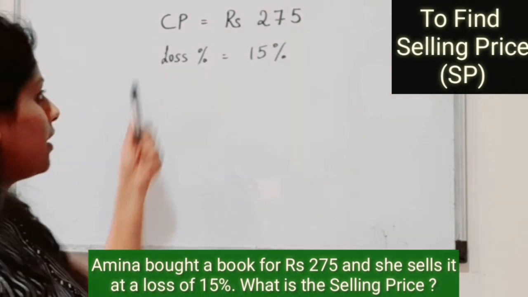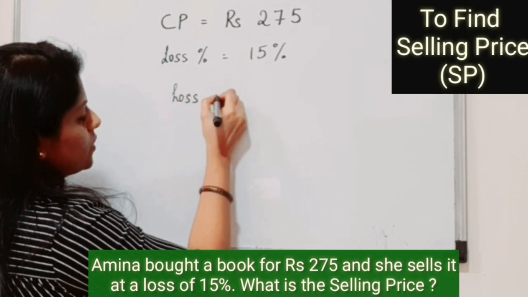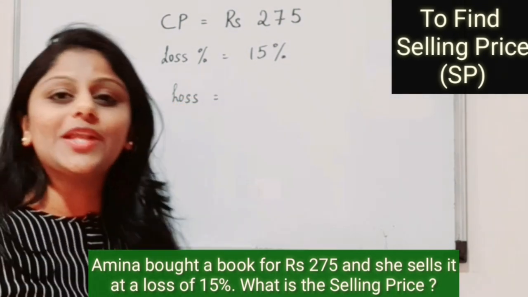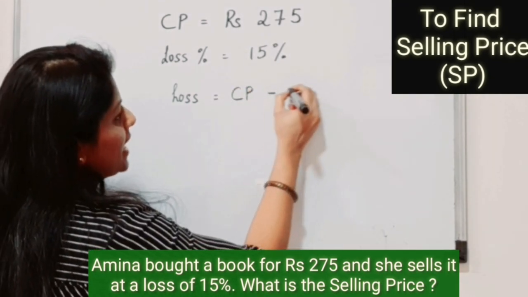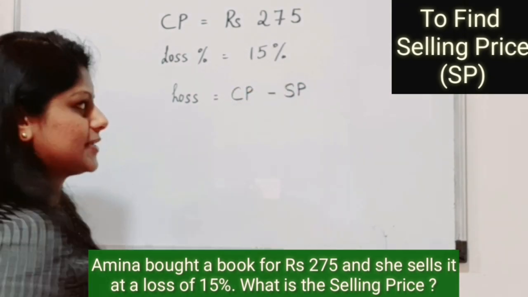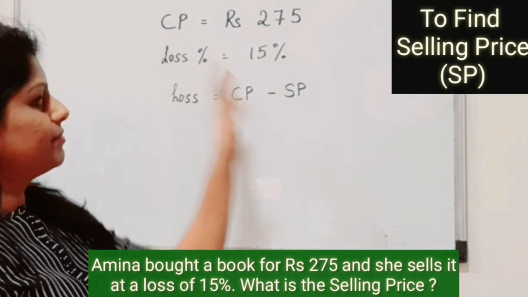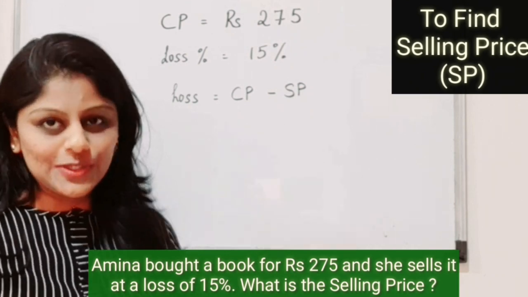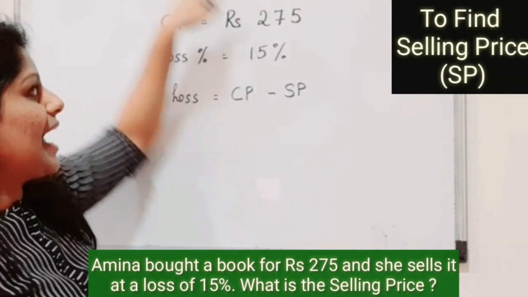Now we know what the formula of loss is. In loss, what will be greater? The cost price will be greater. Therefore loss is cost price minus the selling price. Because we have to find the selling price, we took this formula, and here we have loss percentage and we have CP.